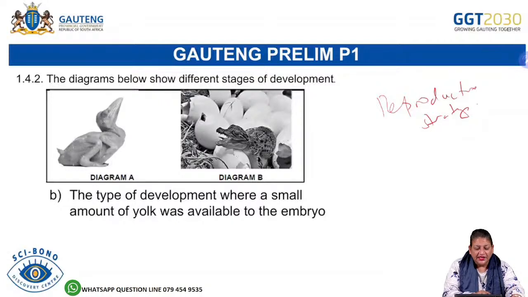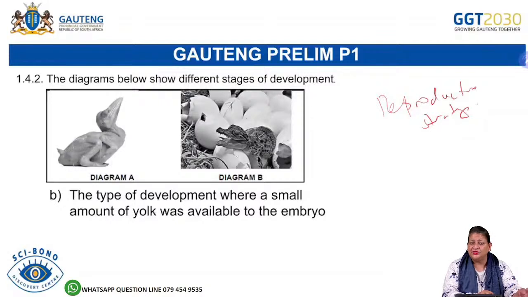Now when they ask the type of development where a small amount of yolk was available to the embryo, because learners said altricial is A, then they thought no, it can't be A again. It has to be B. It was wrong. The answer is still A, because these little chickens cannot move on their own.